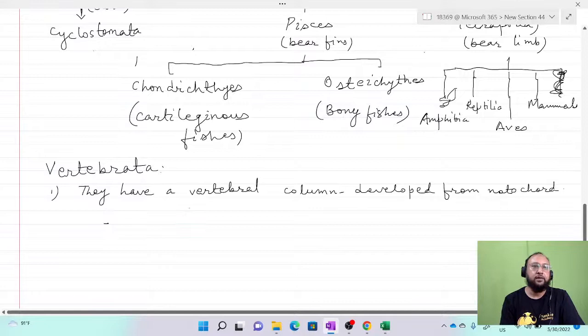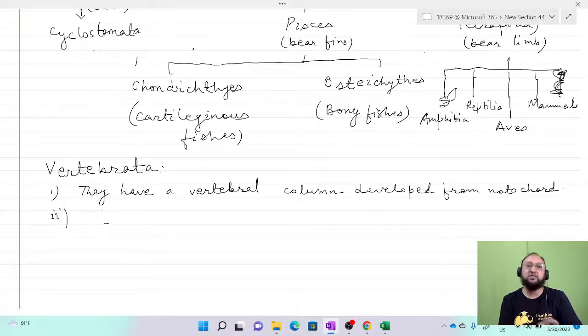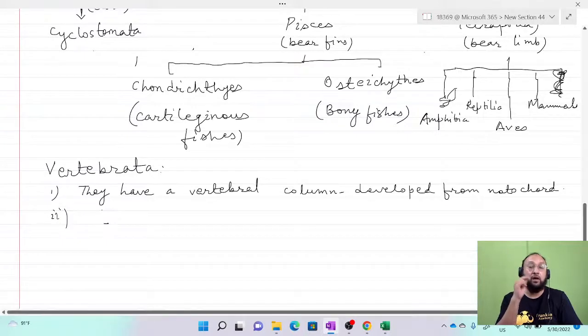Okay, they have a dorsal nerve cord. These are also features of chordates, but the difference between protochordates and the vertebrata is that there is no vertebral column in protochordates. In protochordates, there is only the notochord, but it is not developed into a vertebral column. So the dorsal nerve cord is a common feature.